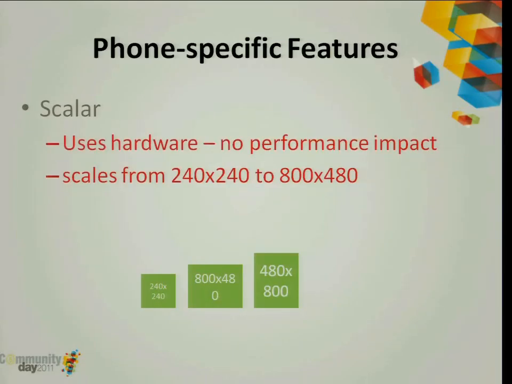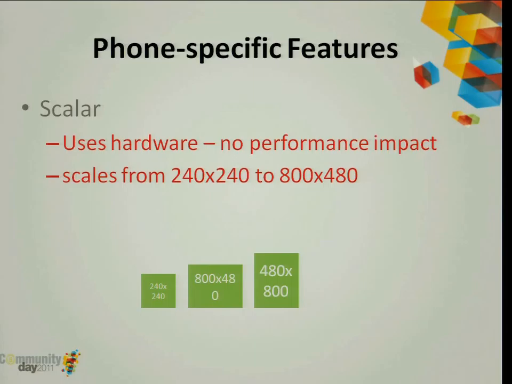Also very important is the scaler. Windows phones all have similar specifications. For instance, the first phones that came out all had a resolution of 480 by 800. You can write your game using different resolutions, for instance, for performance reasons.